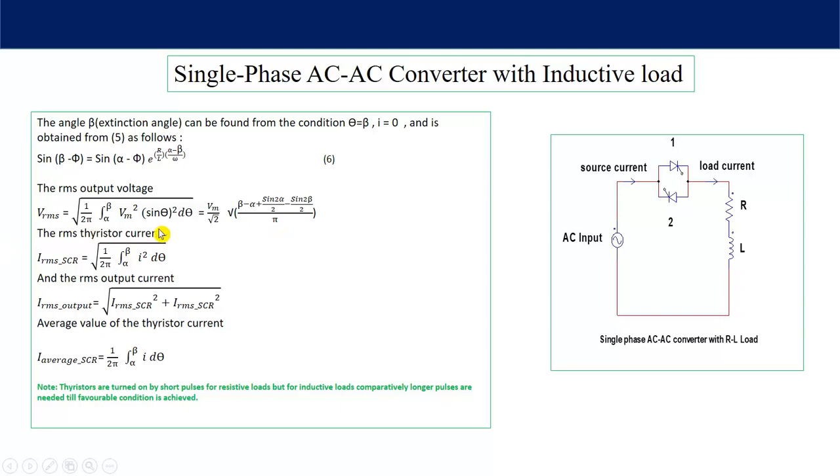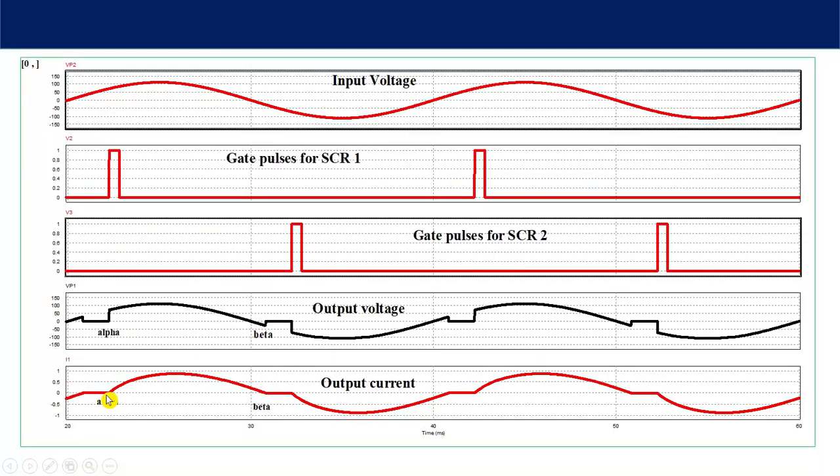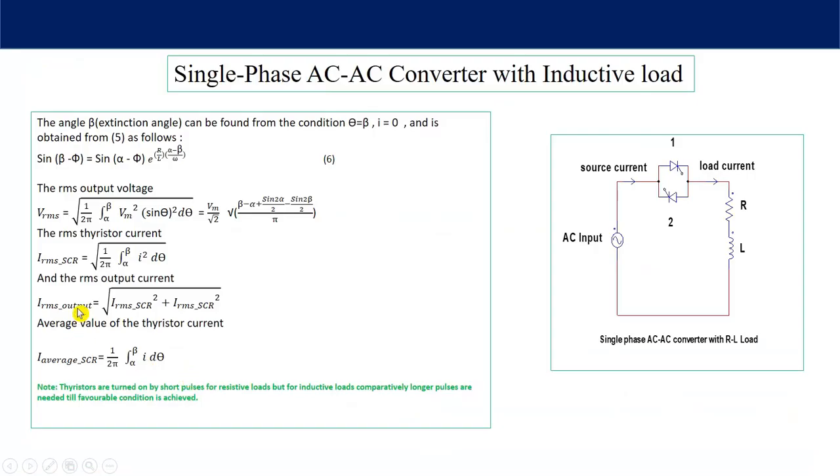Now to find the RMS thyristor current, that means through each thyristor how much current will flow. You can see here the current through thyristor number 1 is from alpha to beta. See, this is the waveform alpha to beta, and the current expression we already have got from equation number 4. So it is 1 by 2 pi integral from alpha to beta of I square d theta, and the RMS output current is the summation of the two currents.